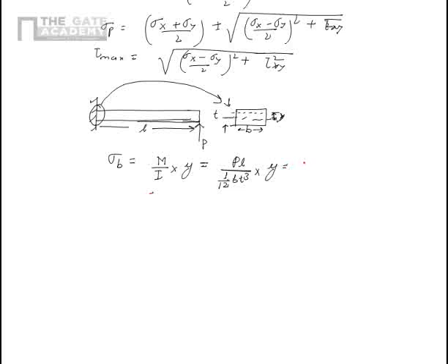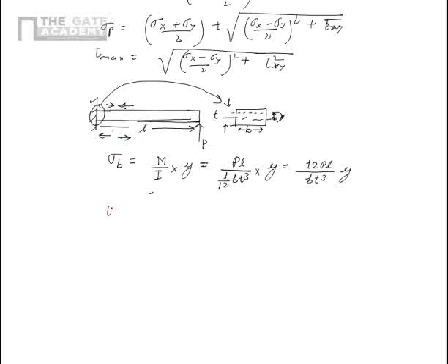That is nothing but 12 PL upon B T cube into y. So that is the bending stress. Bending stress is compressive in the top fiber, it is compressive here, and it is tensile in the bottom fiber.